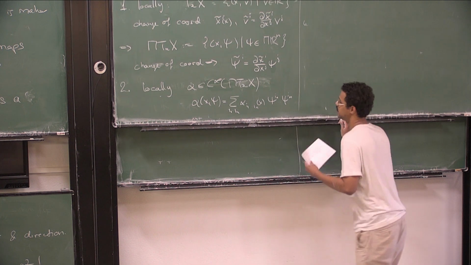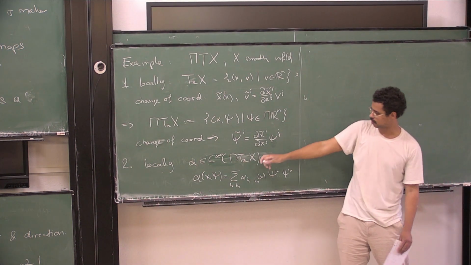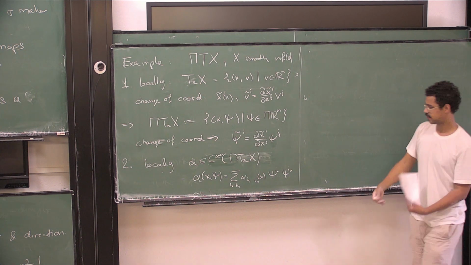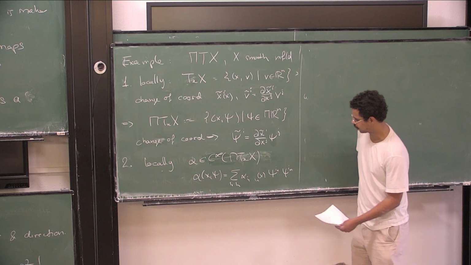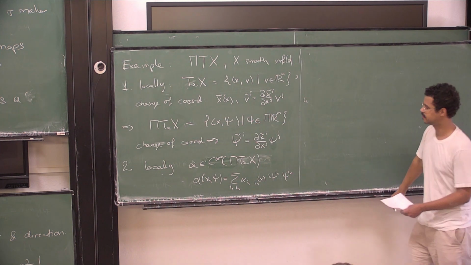Now let's cheat a bit and just imagine that we already know that these odd things transform like tangent vectors, right? Because that's basically what we mean and how we want to define it.